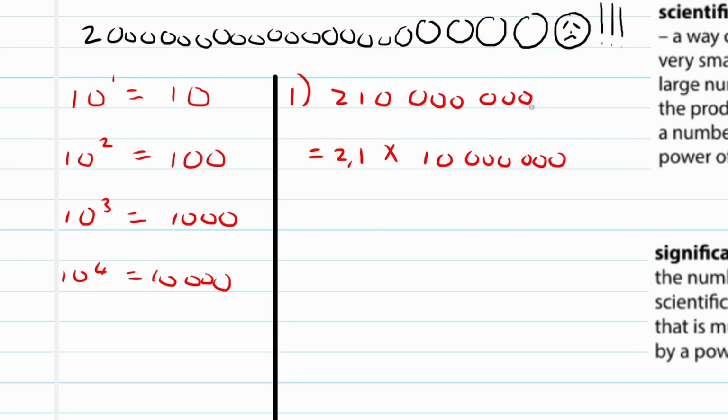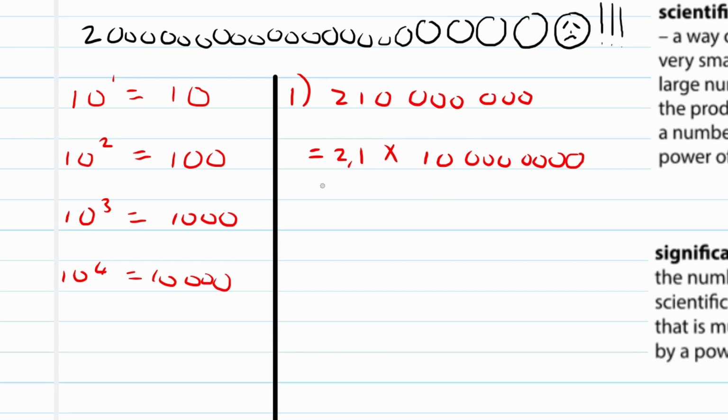Let's count the zeros. 1, 2, 3, 4, 5, 6, 7, 8. 1, 2, 3, 4, 5, 6, 7. Oh, we need to add another 0. 8. So it's actually 2.1 times 100 million.